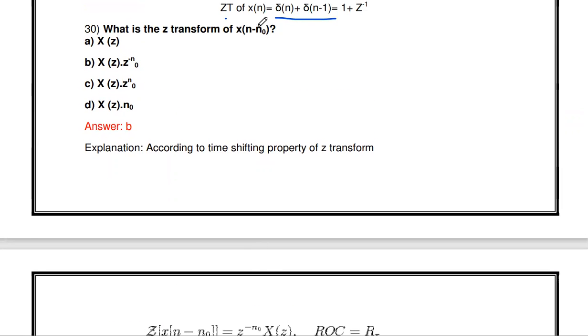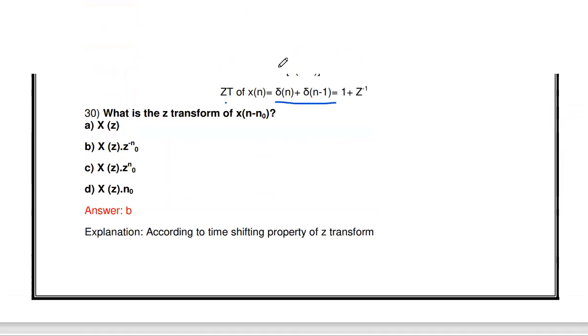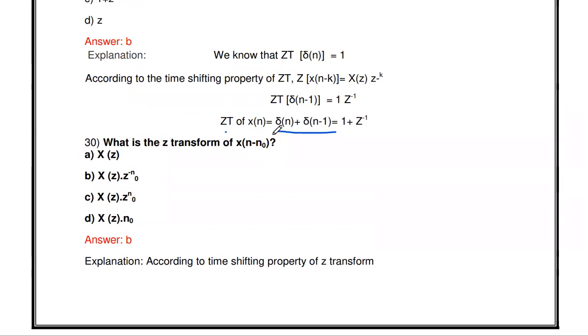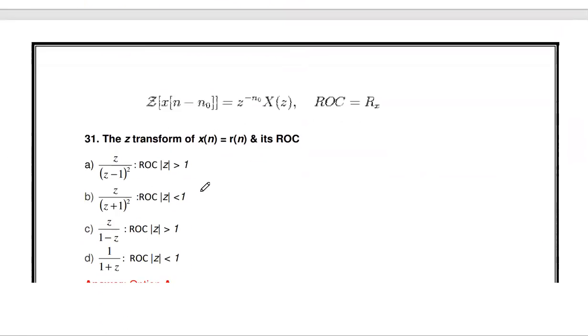Here the amount of shift is n naught. In the previous one k was given; instead of k, here n naught is given. So the answer is X of z multiplied with z power minus n naught. Similarly, x of n plus n naught means X of z into z power plus n naught.